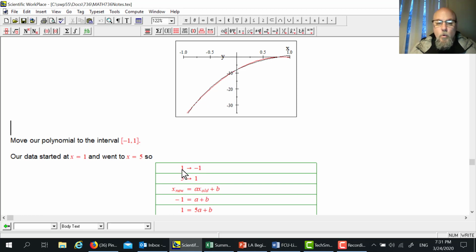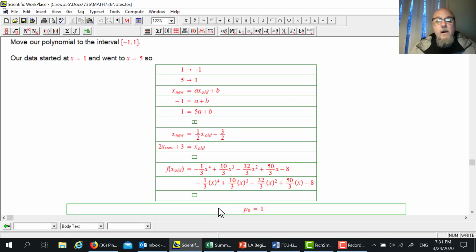So when I plug in old x equal to 1 and new x equal to -1, I get this equation with a and b. Use the other point. When I plug in my old x of 5, I want my new x to be 1. So here's two equations, two unknowns. I can solve that and get a equal to 1/2 and b equal to -3/2.